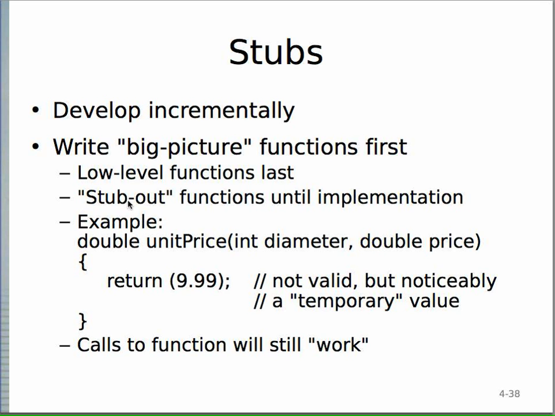Okay, so what happens if you have a whole bunch of functions that all work together? Well, you want to develop incrementally and write out the less complicated functions first, probably, and write the big picture functions first.